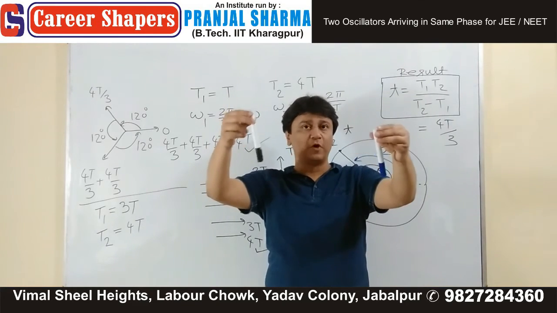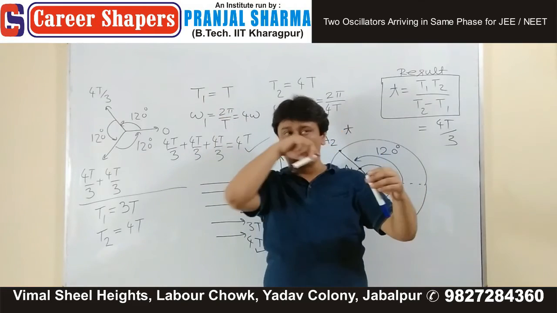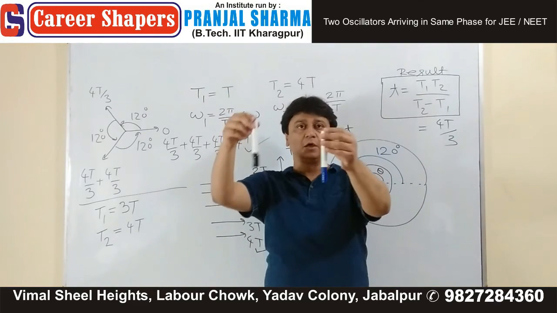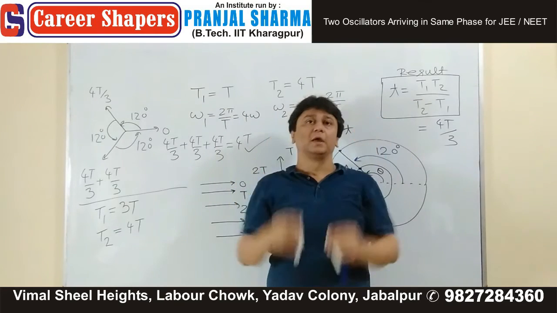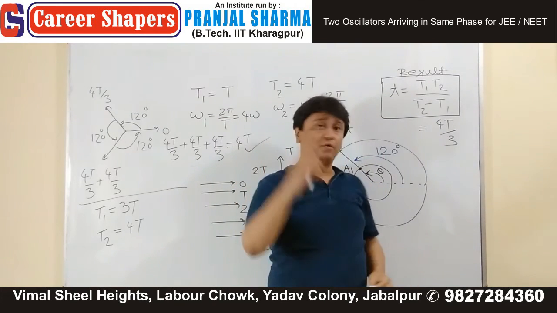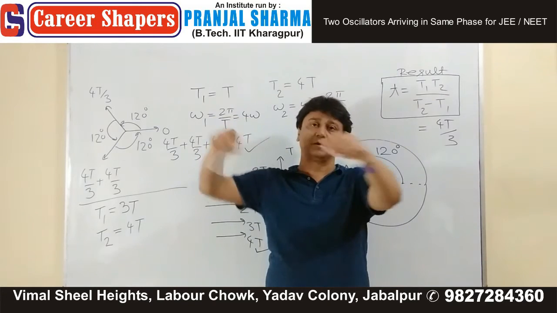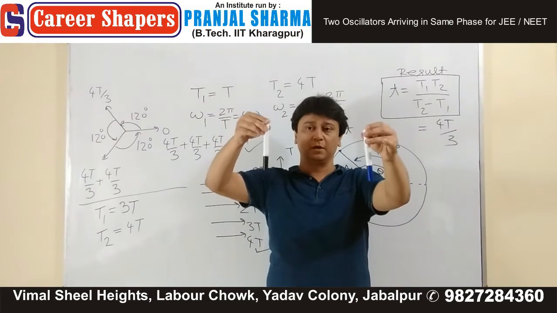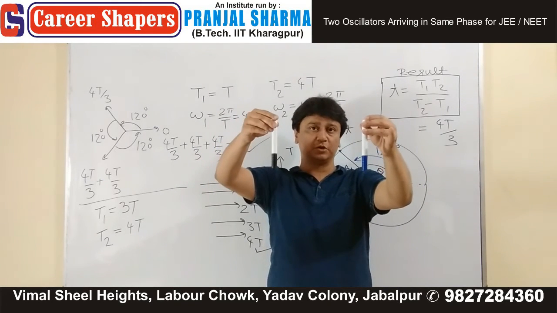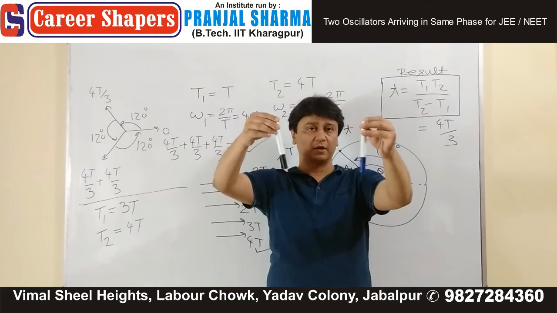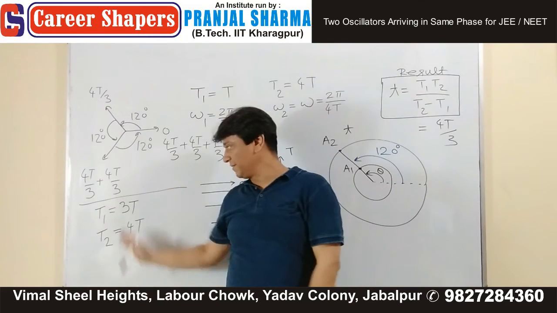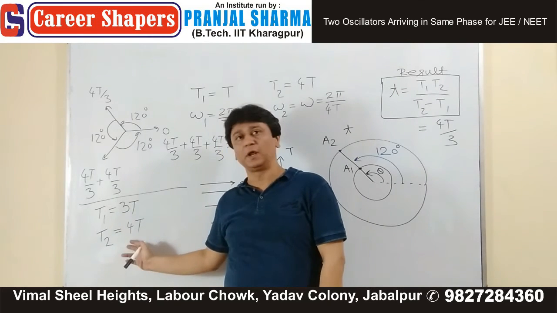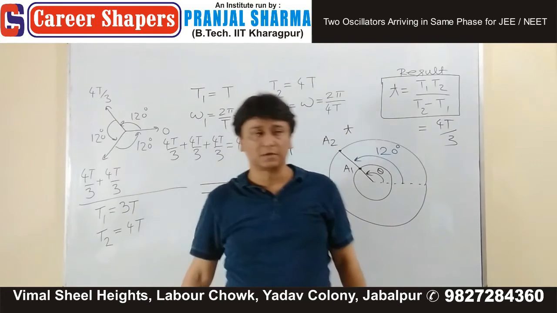So what you found in the previous question, after a time of 4t by 3, is that they are somewhere here. In the second part, after a time of 4t, they both are at the mean position and going this way, and going this way. So the question is that if time periods are 3t and 4t, then answer both parts.